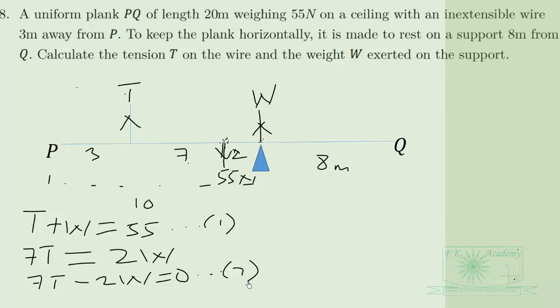Now if we add equation 1 and 2, let me multiply through equation 1 by 2 to obtain 2T plus 2W is equal to 110.